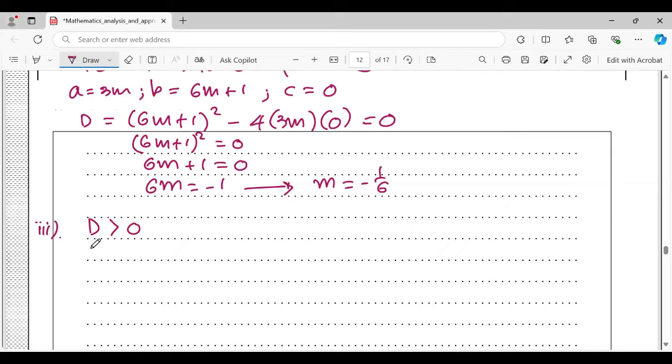So 6m plus 1 should be greater than 0. So 6m greater than minus 1, m greater than minus 1 over 6. So the conclusion is m greater than minus 1 over 6, but less than 0. This is the conclusion.